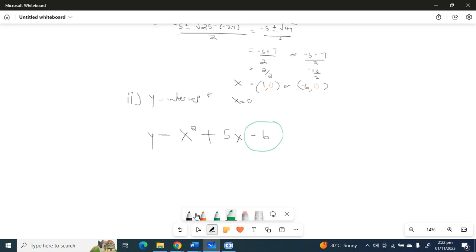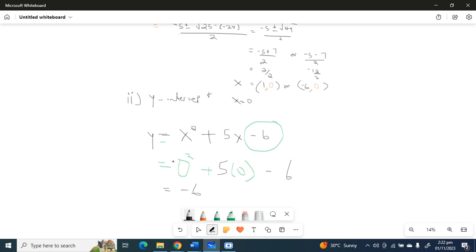When we substitute x for 0, it becomes 0 squared plus 5 multiplied by 0 minus 6. 0 squared is 0, 0 times 5 is 0, 0 plus 0 minus 6, our y-intercept is negative 6.